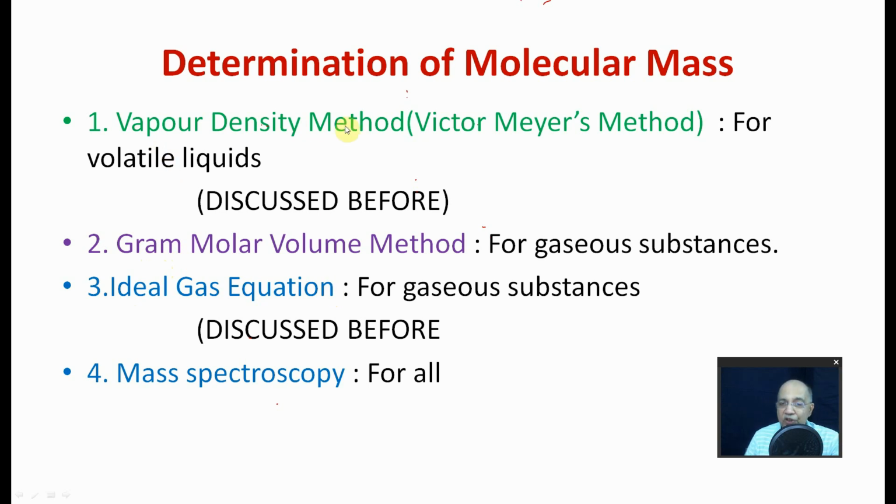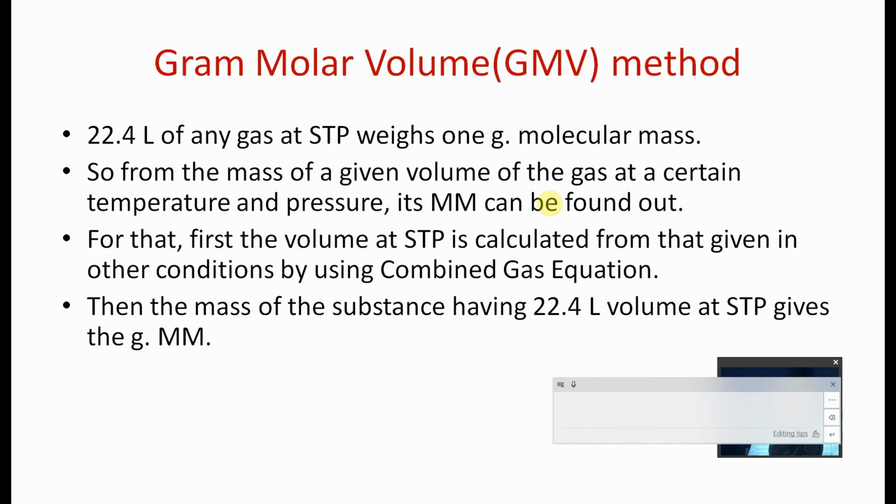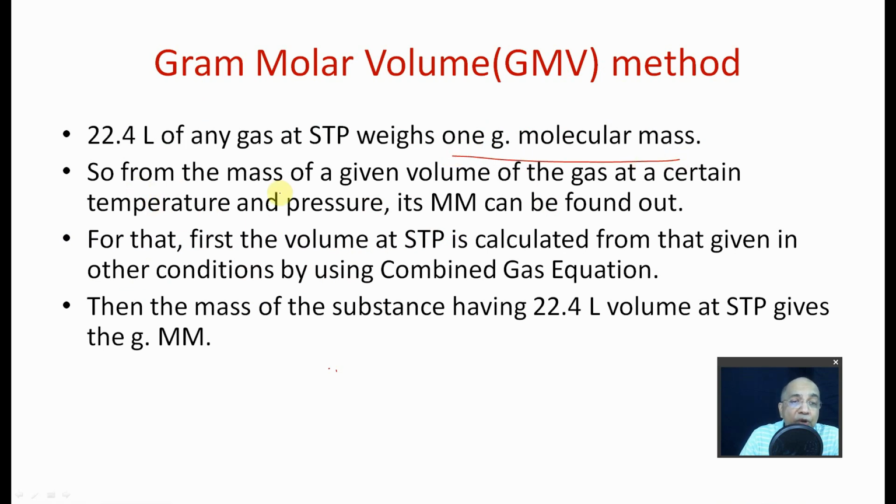So let us solve gram molar volume method. We have done several times. 22.4 liter of any gas at STP weighs 1 gram molecular mass. So from the mass of a given volume of gas at certain temperature and pressure, its molecular mass can be found out.